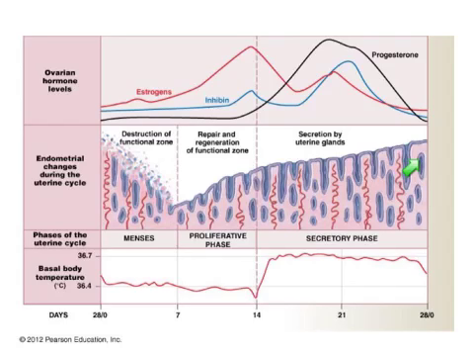There's actually a rise in body temperature that happens after ovulation associated with that rise in progesterone. And so that rise in body temperature is a signal that ovulation has occurred, and there's an egg there ready to be fertilized.